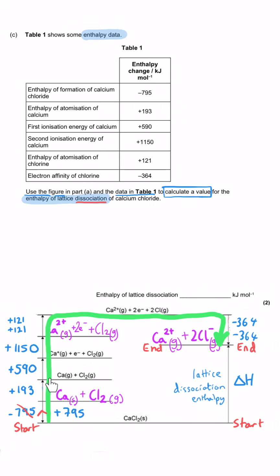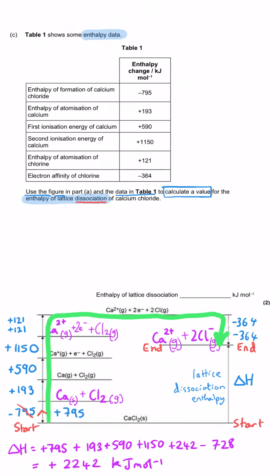Then we're going with this arrow and this one and this one and this one and this one. And so we end up with a total for the lattice dissociation enthalpy by summing all of these numbers, and we get 2,242.